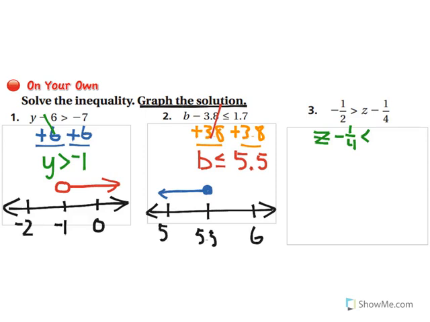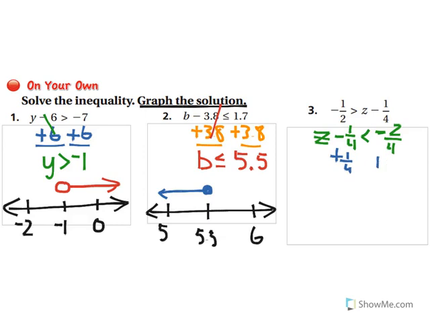And I'm going to write, instead of writing negative 1/2, I know I'm going to have to subtract or add my fractions, so I want them to have the same denominator. So I'm going to go ahead and make this into a common denominator 4, and so negative 1/2 would be negative 2/4. I'll just get that out of the way right now and save myself the trouble. So, since I'm subtracting 1/4, the inverse of that would be adding 1/4.